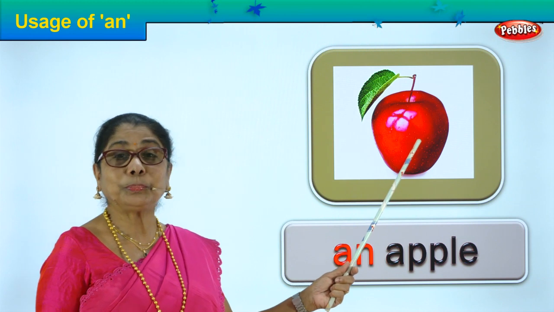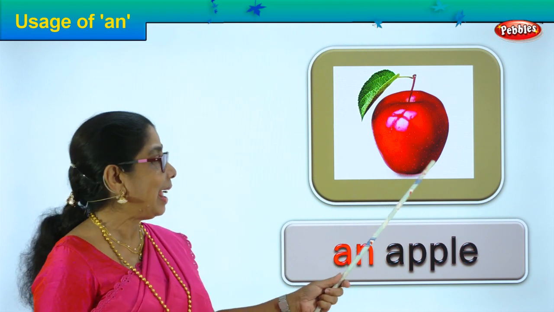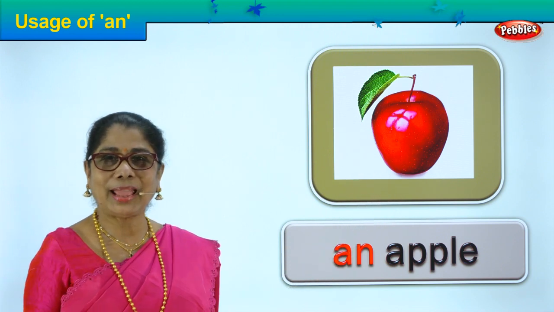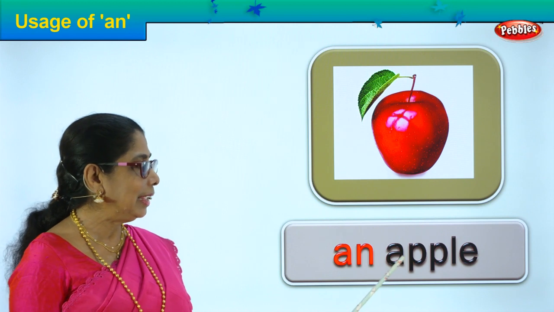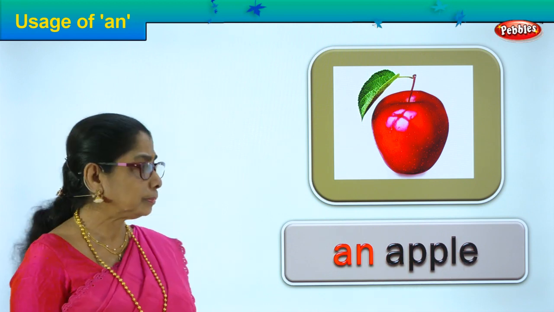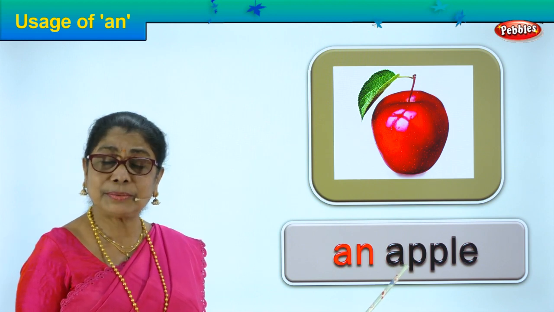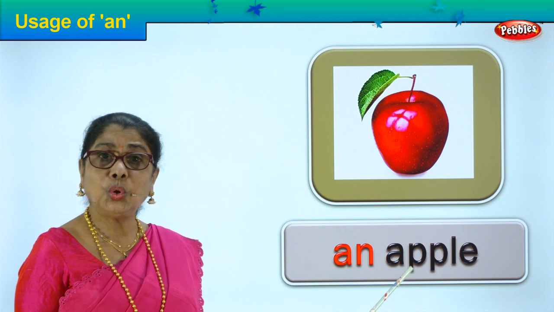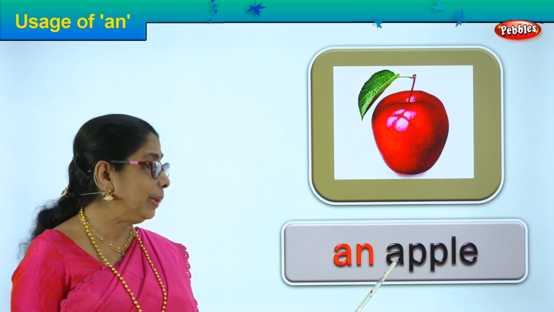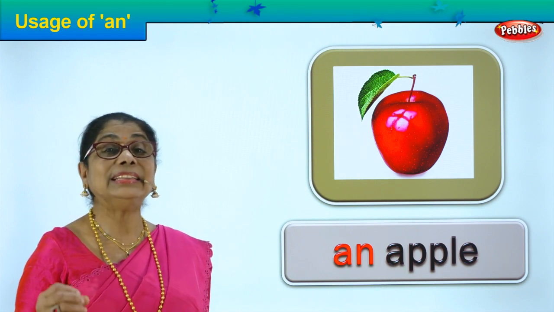What is this? Yummy. Crunchy little apple, isn't it? You like to eat an apple? Fresh apple. Spell apple. A-P-P-L-E, apple. Now, if you have the vowels before the first letter of the word, in this case, apple begins with A. So, A is a vowel.